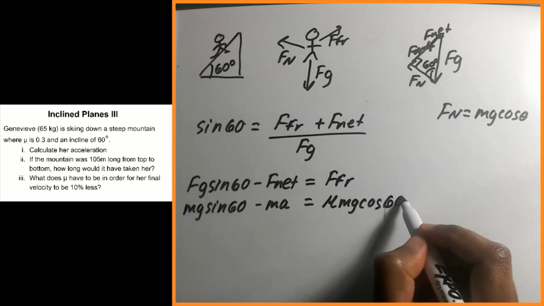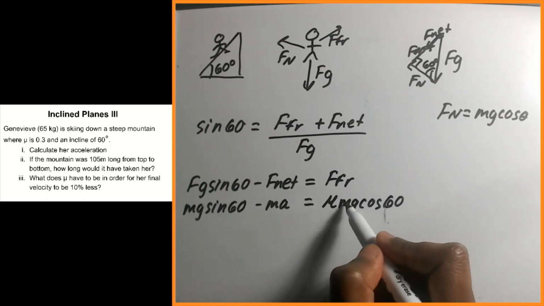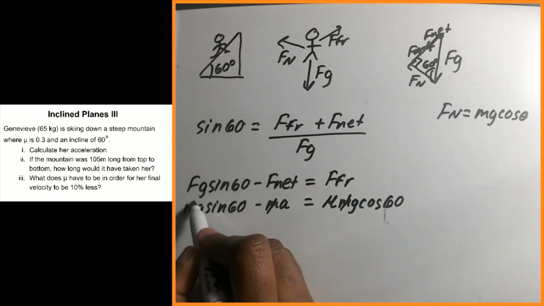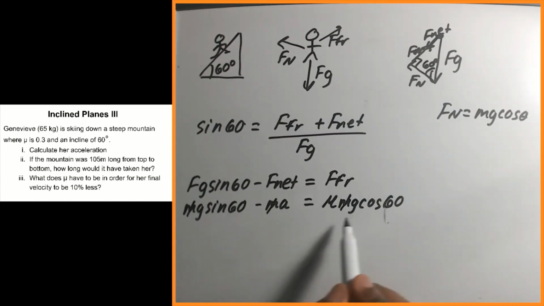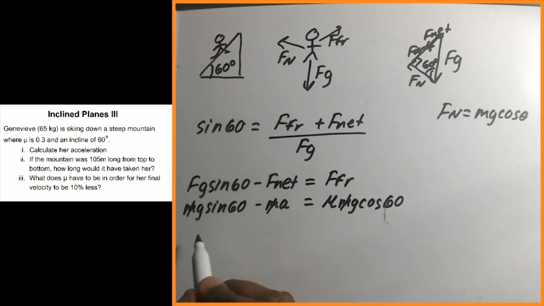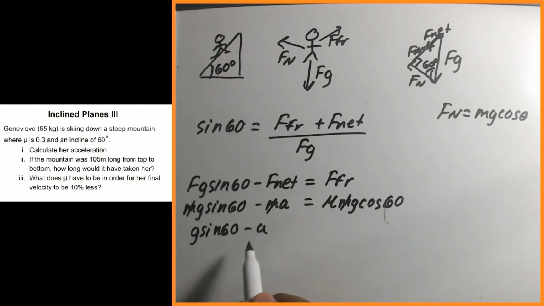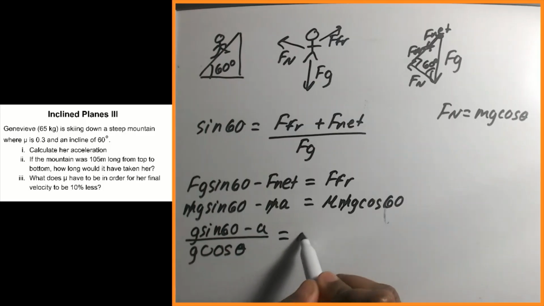Just write that in. All right, so note, just like before, the m's cancel out. And then we can divide over the g cos theta. So what we're left with is g sine 60 minus a all over g cos theta is equal to mu.